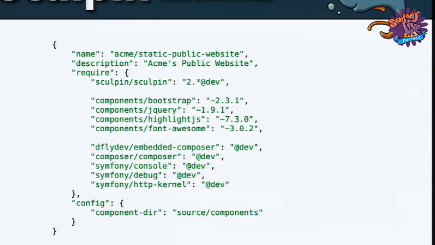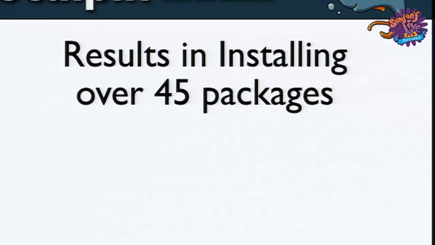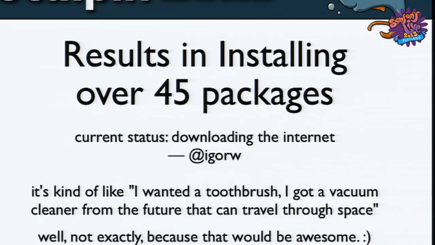Run composer install, and afterwards you're able to run vendor/bin/sculpin generate. The watch flag lets you watch the file system for changes, and server instructs it to start a web server to serve the files that it's creating. What happens is that composer installs over 45 packages. This is not necessarily the best first impression for some people.